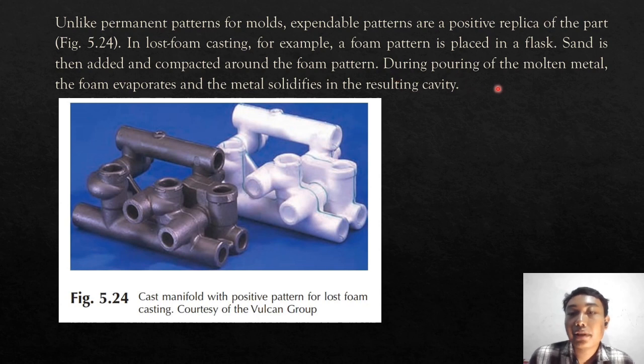During pouring of the molten metal, the foam evaporates as the metal solidifies in the resulting cavity. This is picture 5.24, a cast manifold with a positive pattern for lost foam casting. The next step.